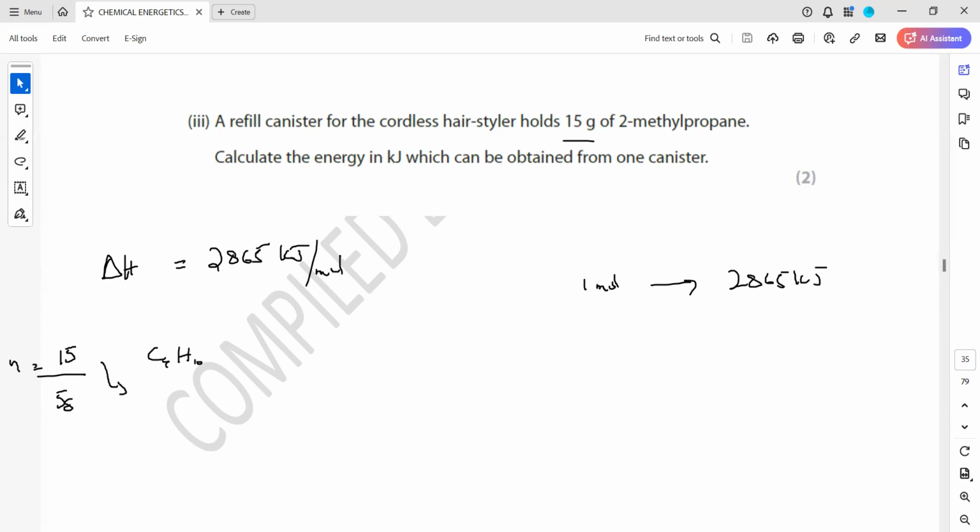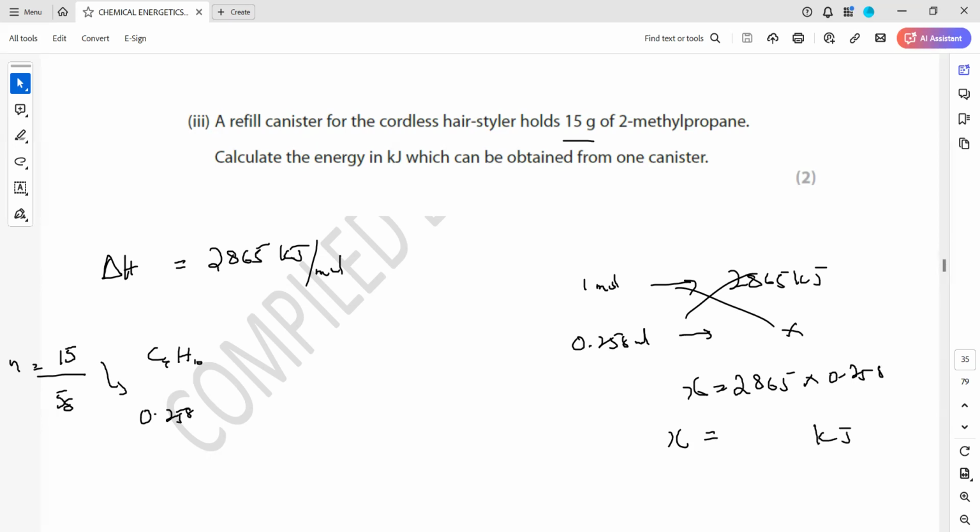So this will give us the moles, that is 0.258. If 1 mole is giving this much energy, then if we have 0.258 moles, how much energy will there be? Cross multiply. So the value of X will be 2865 multiplied by 0.258. This will give us how much energy will be released in kilojoule. It's about 740 kilojoule from one canister.